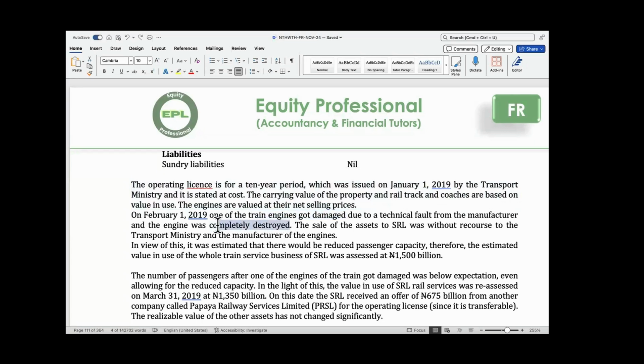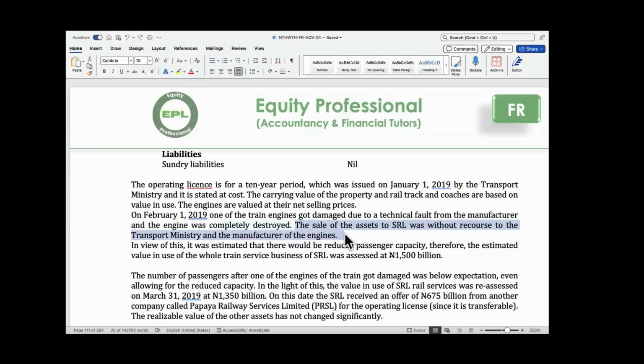Wow, it's gone. So the sale of the assets to SRL is without recourse to the Transport Ministry and the manufacturer of the engines.